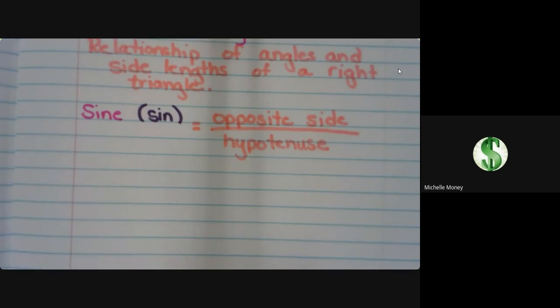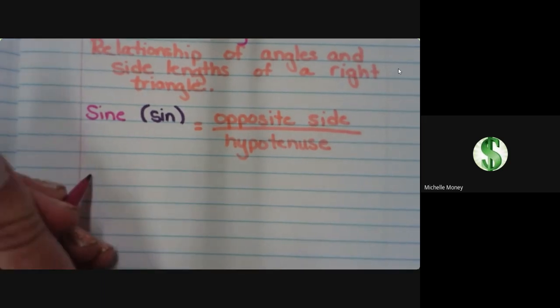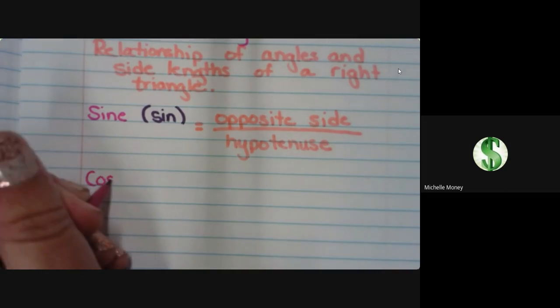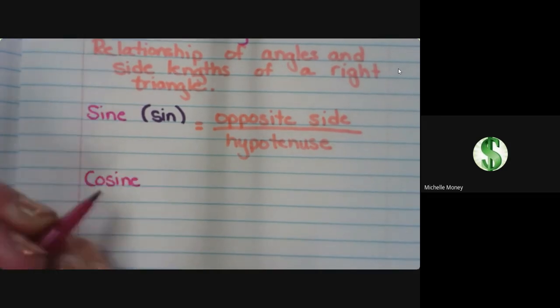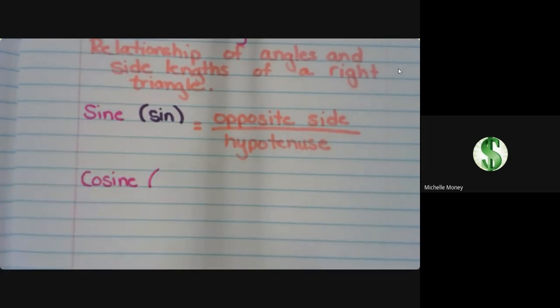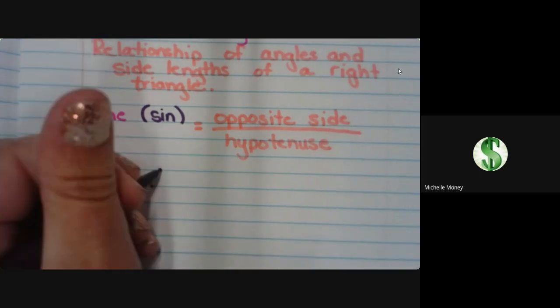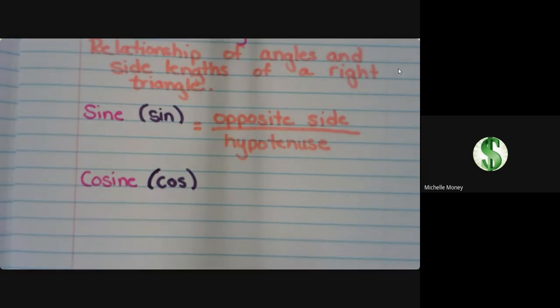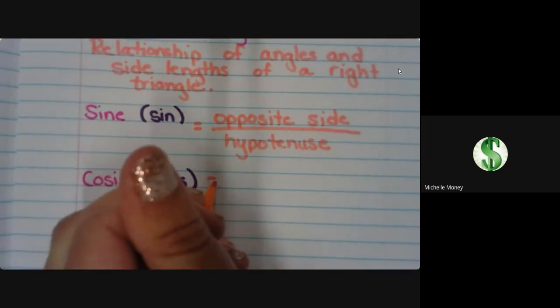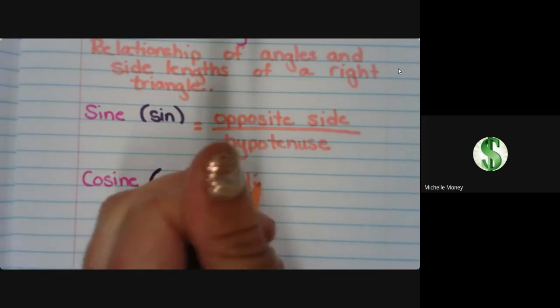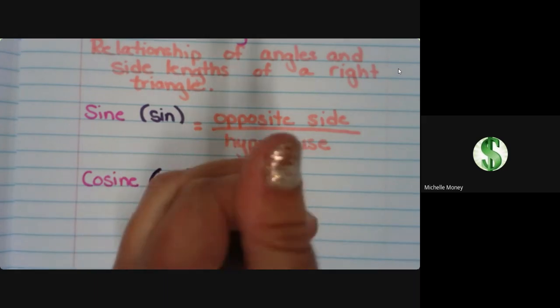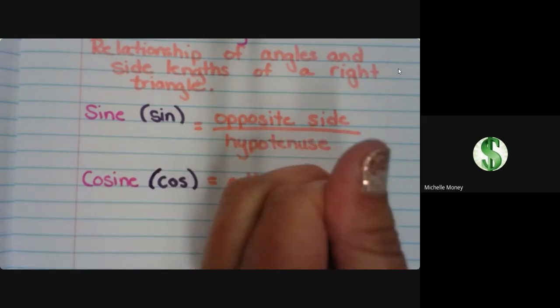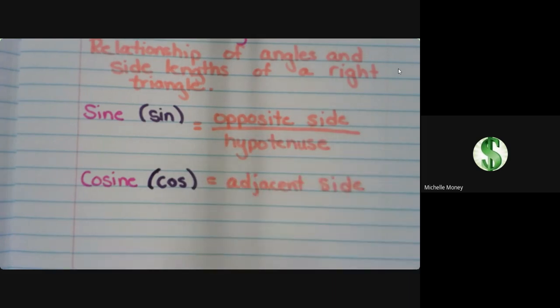All right, the next relationship is going to be the cosine. And we use the abbreviation cos, but it really just means cosine. And that's going to be your adjacent side. Well, in trigonometry, it's just cosine.